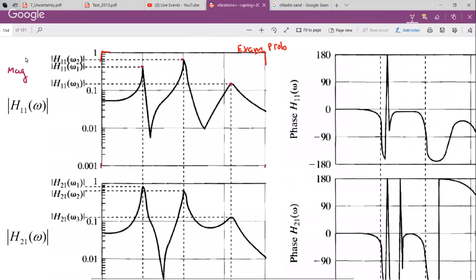Whether you hit it here or here, you should get the same natural frequency, which is what the structure naturally wants to vibrate at.